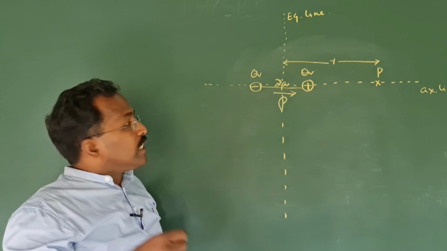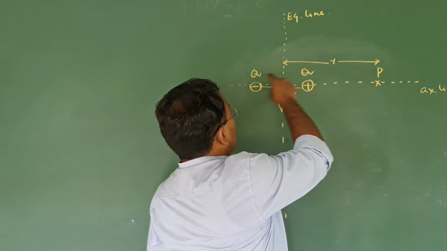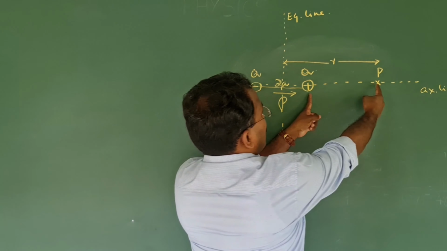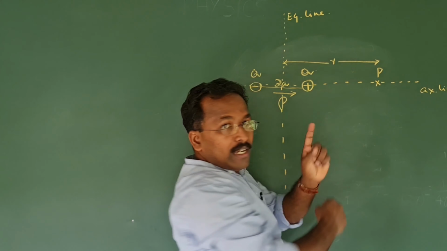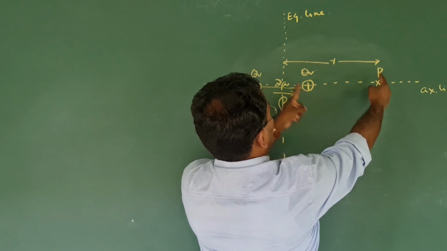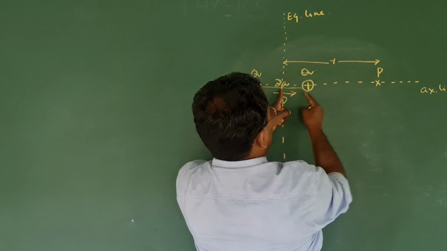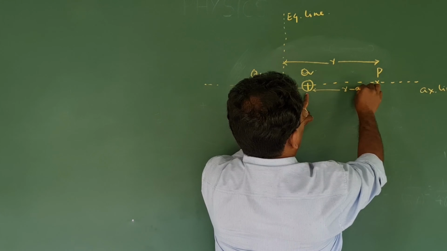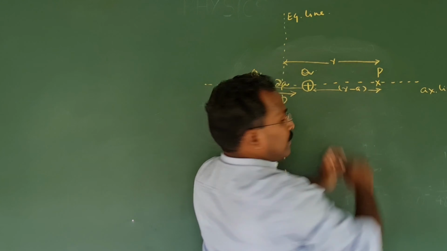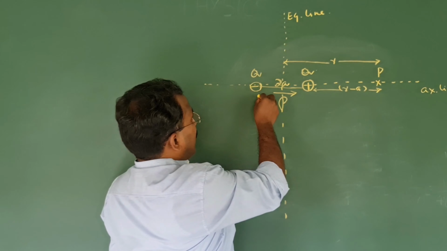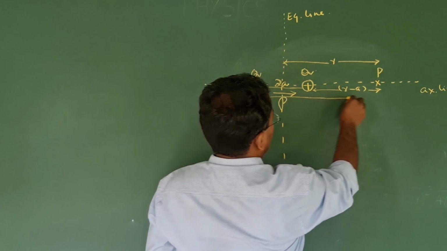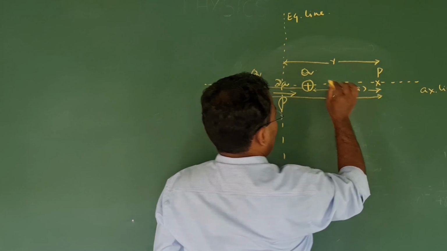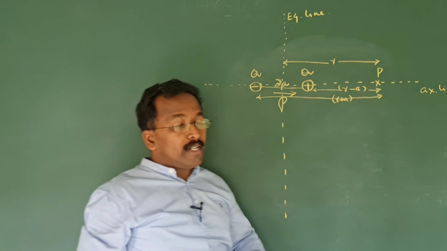This charge and this charge are producing electric field at this point, so you need this distance as well as this distance. I hope you understood. If this total distance is r, and this much is a, you can immediately write this distance as r minus a. Is that clear to you? And this distance you can write as r plus a. So I hope that is clear.